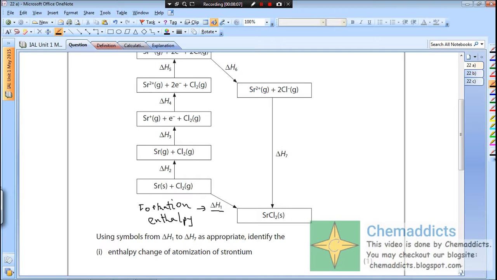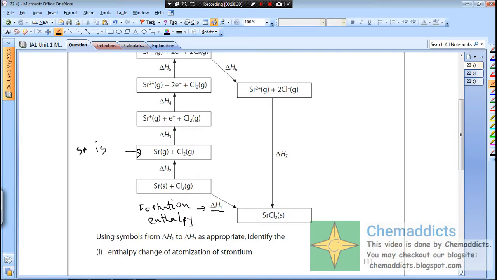The bonds haven't been broken in fluorine. The only element that is being broken here is strontium. Here we can see that strontium has changed its phase from solid to gaseous. So here the strontium is atomized.